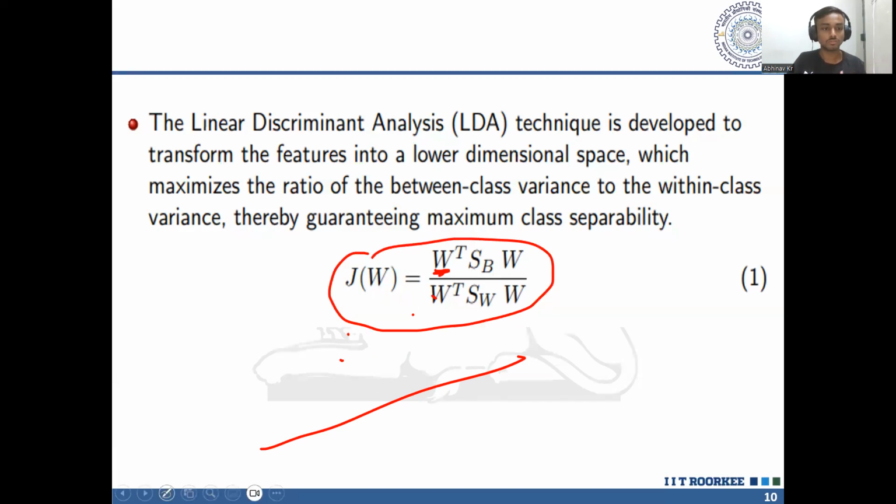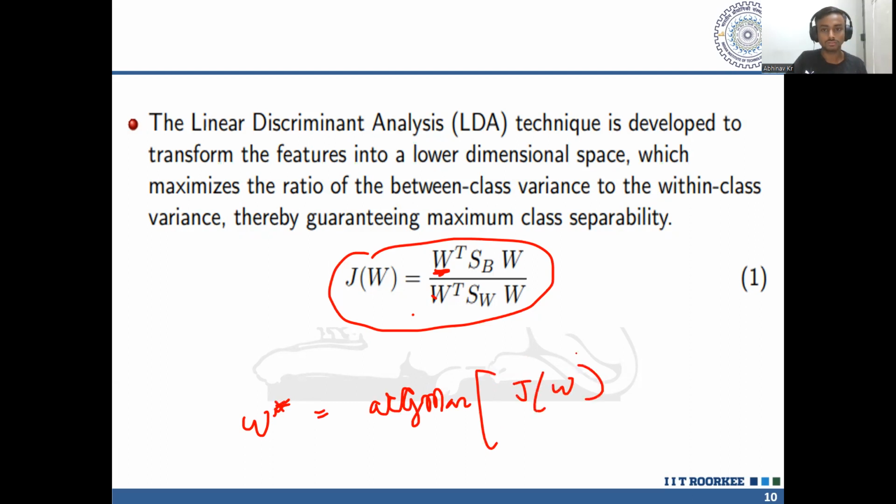So this becomes an optimization problem: W star is the argmax of J(W). So we are finding W star, the projection vector on which the data points are projected, which maximizes J(W).